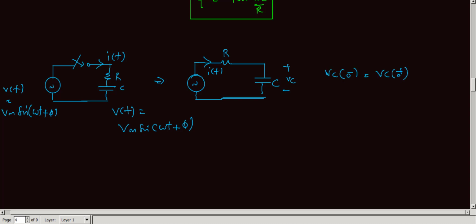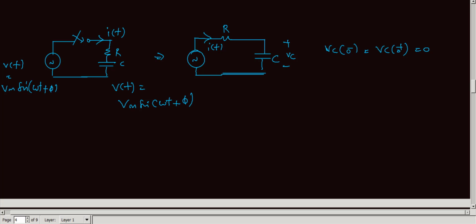Let initially the voltage across the capacitor be 0, which implies Vc of 0 minus equals 0, and that equals Vc of 0 plus. Right, so I am not converting this circuit to the s-domain.